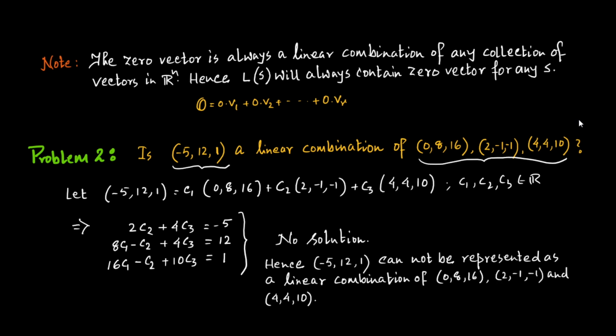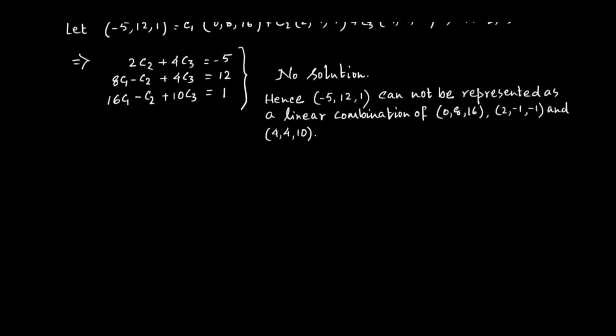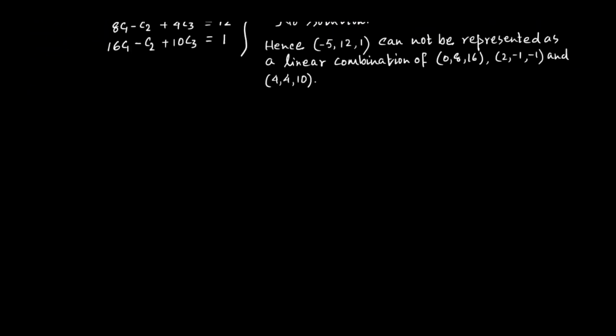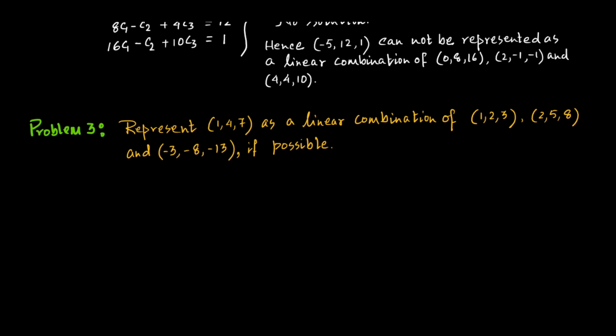Geometrically, we can say that this vector is not lying in the space spanned by these three vectors. Now let us solve another problem which will reveal another case. Represent (1, 4, 7) as a linear combination of the three vectors (1, 2, 3), (2, 5, 8) and (-3, -8, -13), if possible.